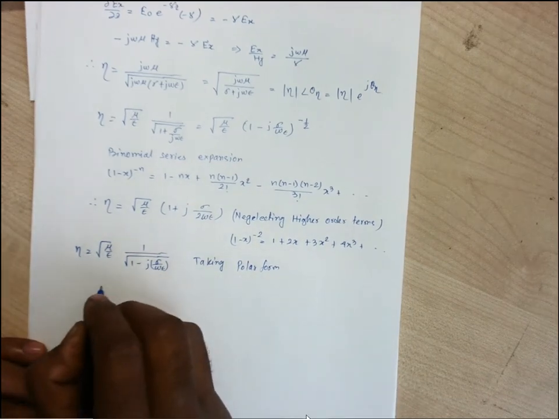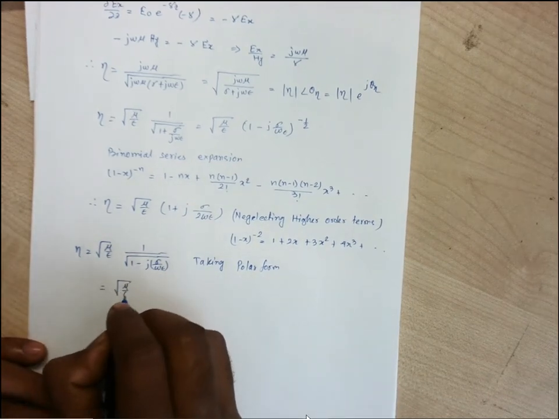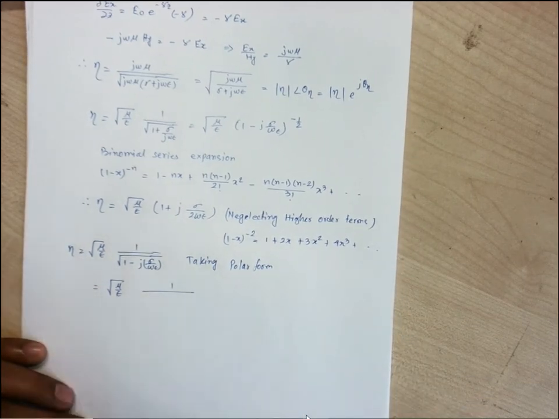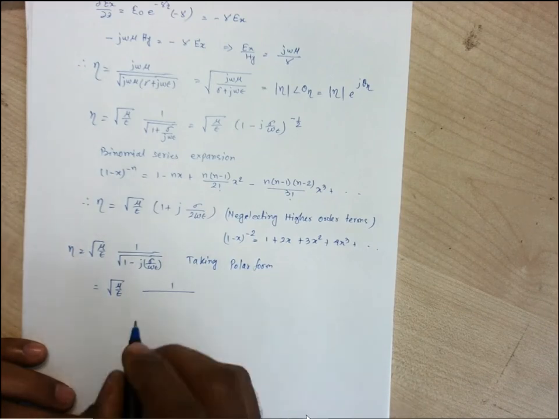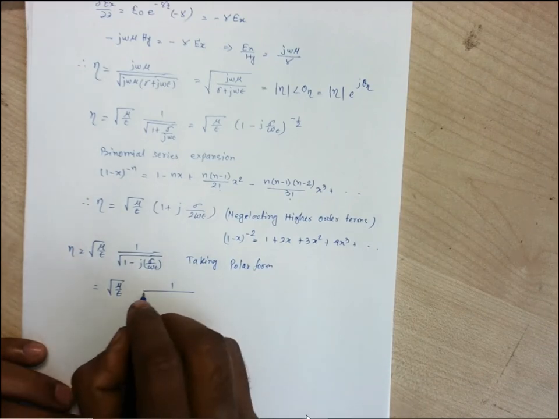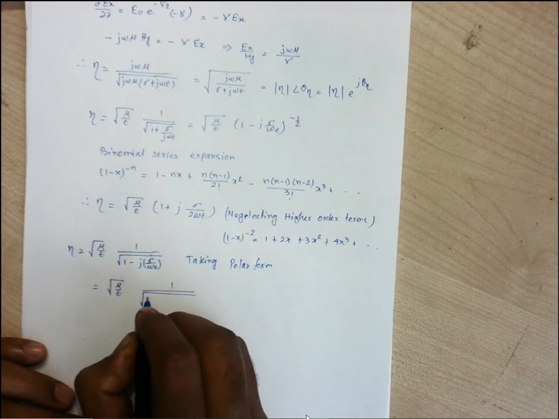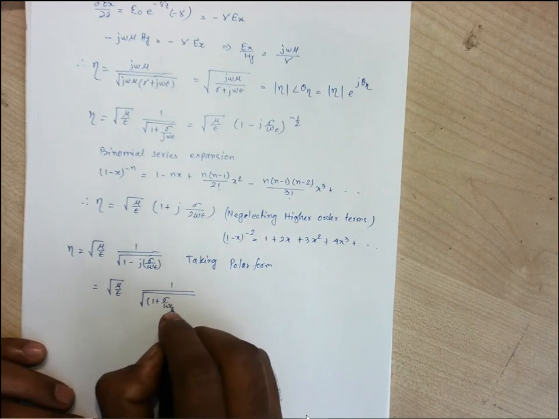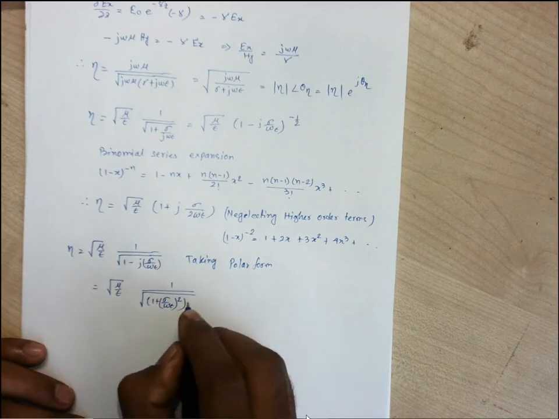So we are having root of mu by epsilon into 1 by, root is already present, then inside that root another root will come. So root over of this original root a square plus b square, that is 1 plus sigma by omega epsilon whole square, whole root.